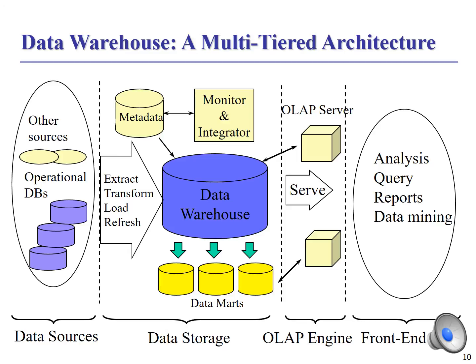They can be all relational databases, or they may also include other sources such as files that we talked about. So the bottommost tier contains the data sources.